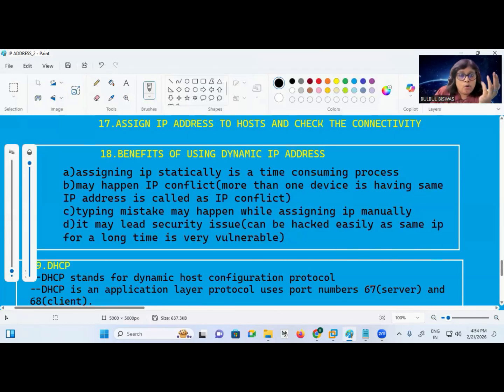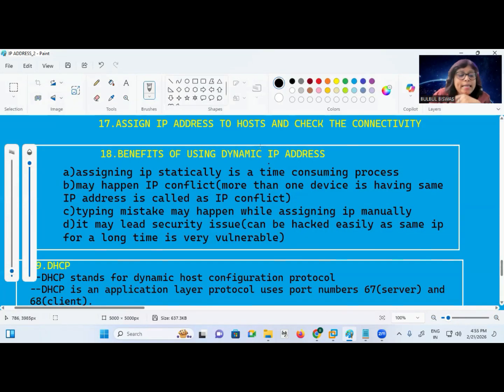Next, while assigning, we can make typing mistakes. Maybe we can go for some IP conflict. IP conflict means more than one host having the same IP address. By mistake, we can do it. So two machines having the same IP never communicate, because more than one device cannot have the same IP in the same network.